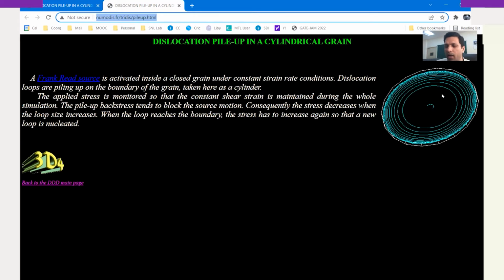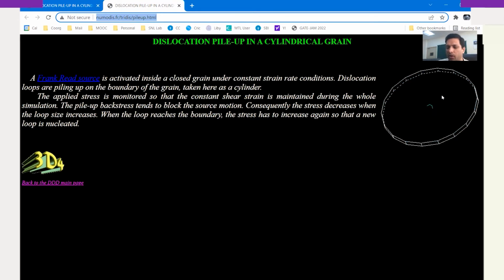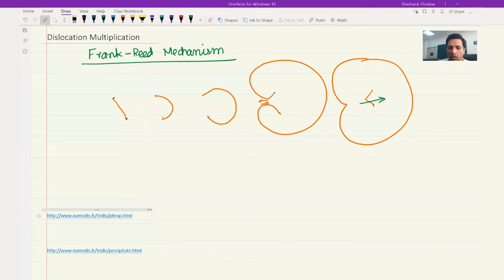This is what we said, and it is very evident from here. This animation clearly shows that with an increase in stress and when the strain increases, dislocation density increases, and it showed that very beautifully.